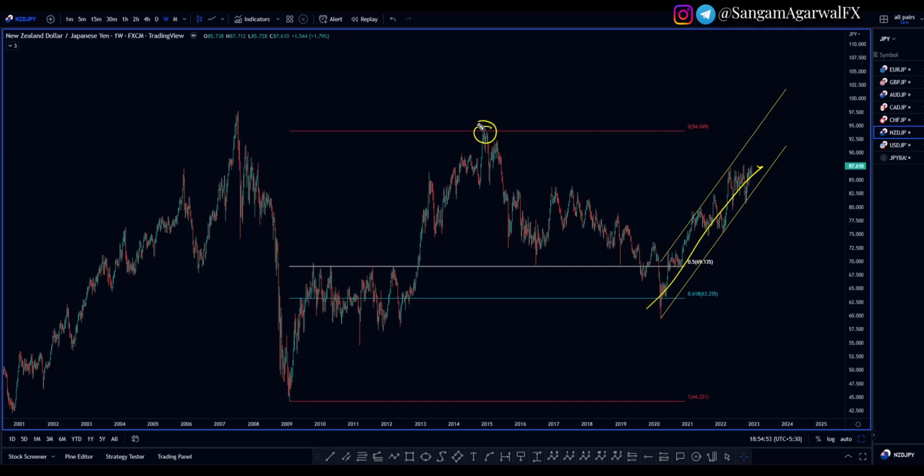So the next upside target will be the last high 94, and you can target a new high on weekly time frame, because price successfully tested this 50 and 61% retracement level, and right now it is making a parallel channel. So this new wave started from the 61% retracement level is now giving a strong bullish signal until this lower trend line breaks.